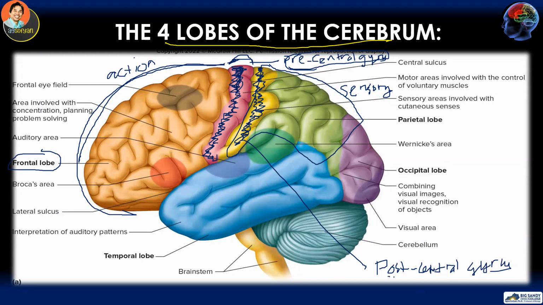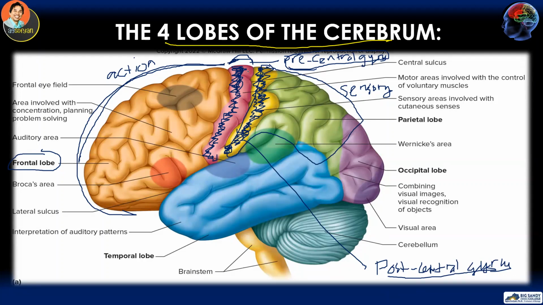Okay, so this post-central gyrus is the one that controls sensation from the skin all over our body. Okay, there will be a map, for example, the back of our body will be here, the face area will be here, for example. Okay, so it's called the post-central gyrus.